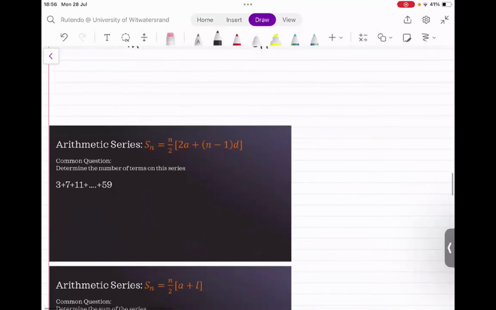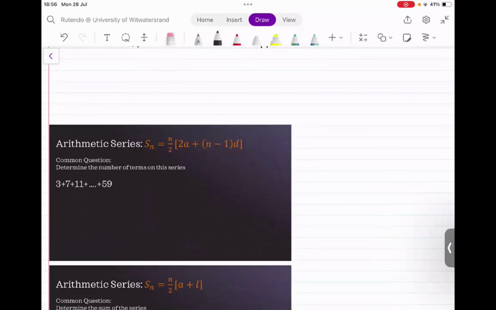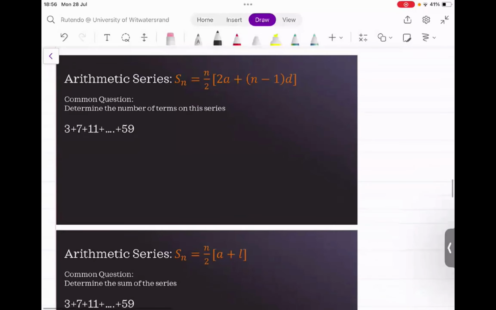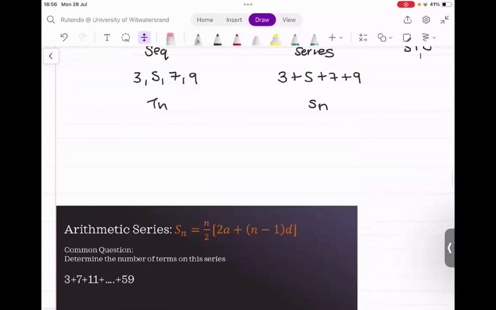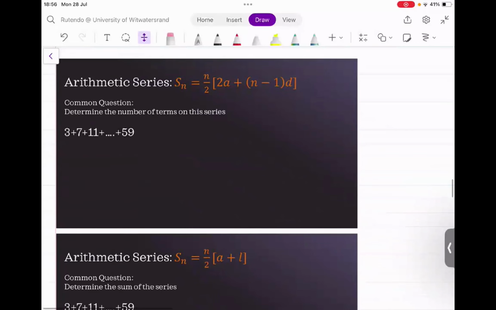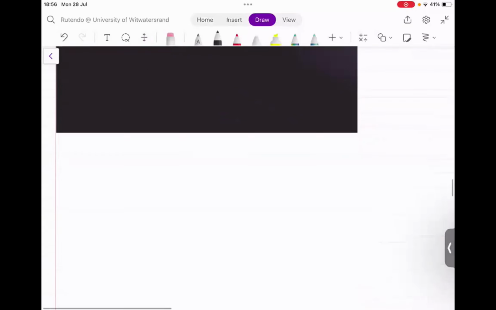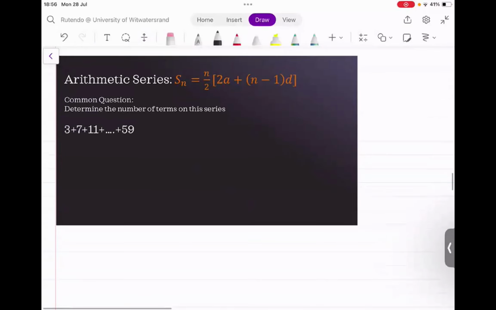Okay, so here is another question. Here they can ask you to determine the number of terms in this series. They give you a series, and they say, I don't know how many terms there are and I don't want to count.